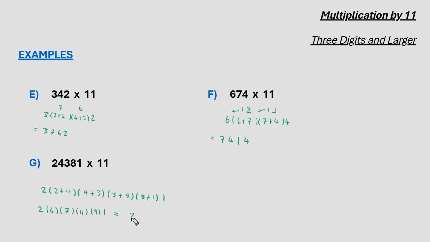So we get 2, 6, 8, 1, 9, 1. So the answer to 24,381 multiplied by 11 is 268,191.